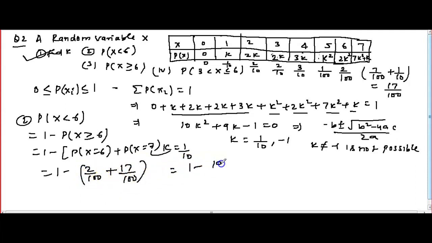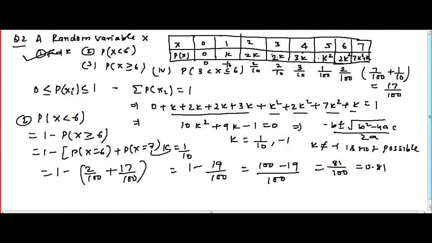So 1 minus 19 by 100. So this is 100 minus 19, how much? 81, no? 81 by 100. Okay, 0.81 you can write it.